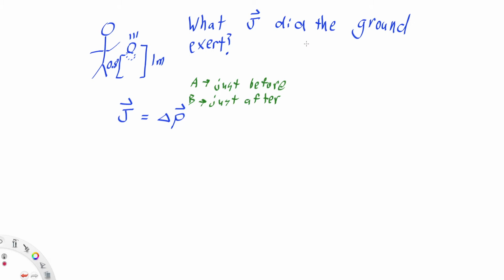So the energy at, now let's call, we have a third situation. We'll call this C just after the drop. So between C and A, there's no external forces, right?